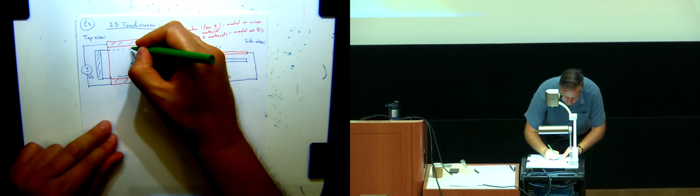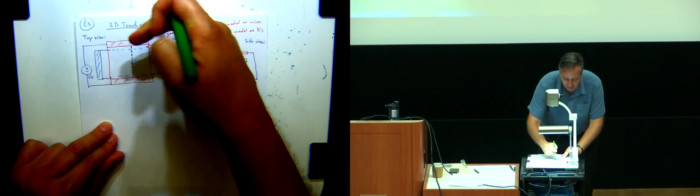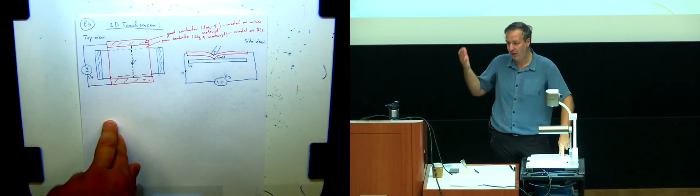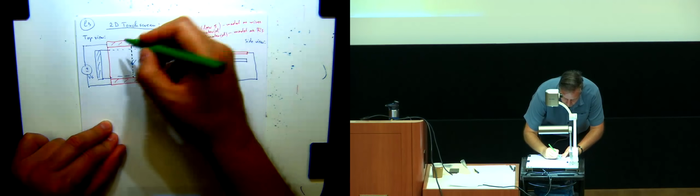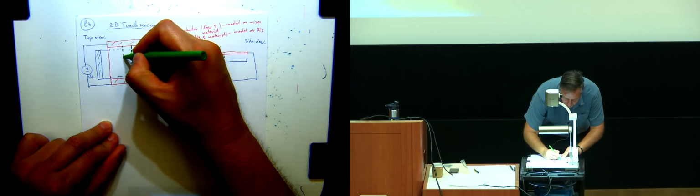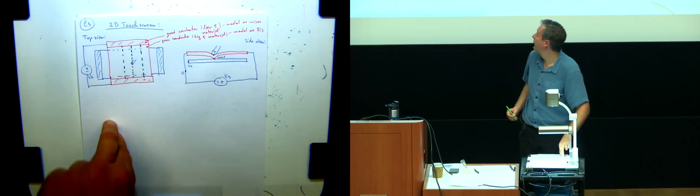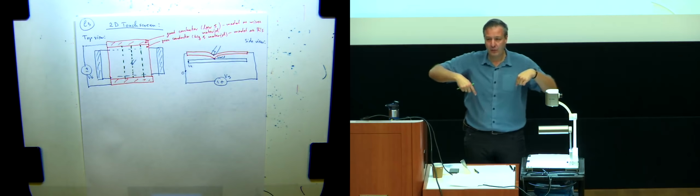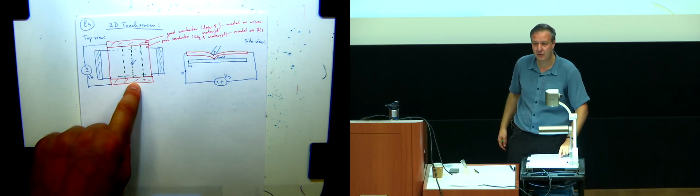So let's say there is one thread that goes straight down from the top, and I'm drawing them as green. They're obviously red, right? So there's one here. Let's say there is one here, and there is one here, right? They're all going down from the top red electrode to the bottom red electrode.